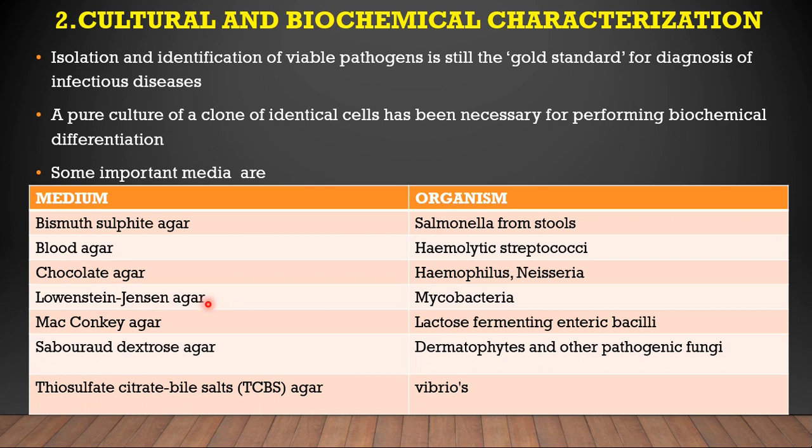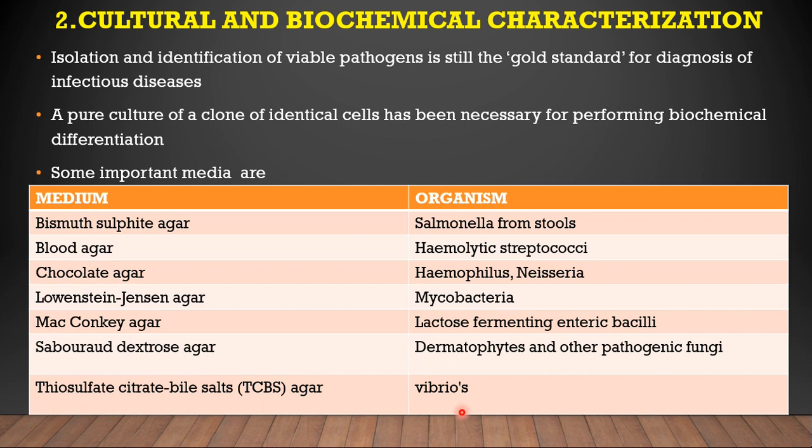So it can also be called selective media. Then MacConkey agar is mainly used for the differentiation of lactose and non-lactose fermenting bacteria. Then Sabouraud's agar is useful for the growth of fungi. Then TCBS, that is thiosulfate citrate bile salts agar medium, is used for Vibrios.